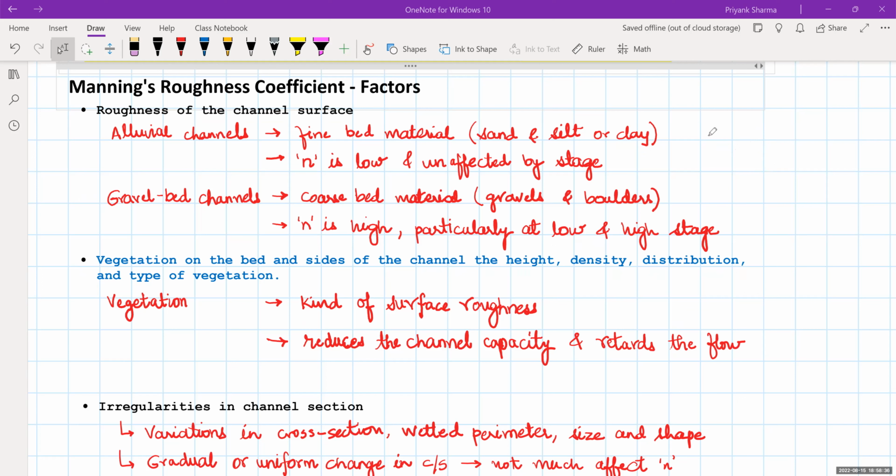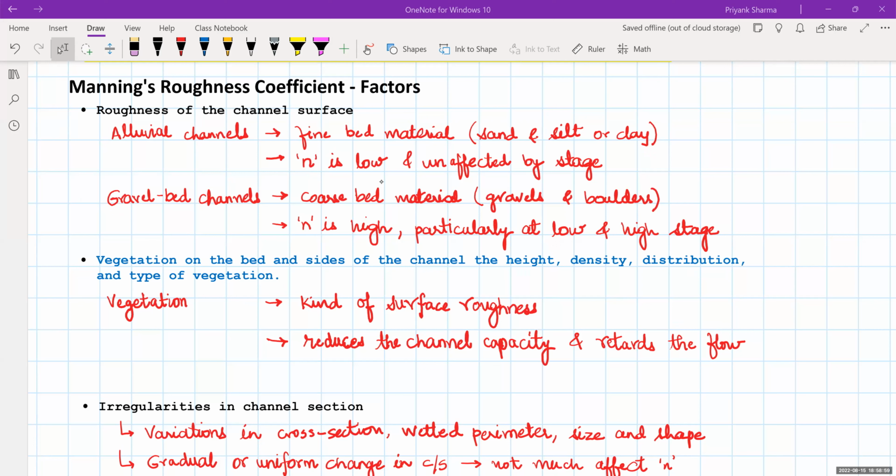In the first case, alluvial channels consisting of fine bed material, which could be sand, silt or clay, the value of n is low because there is less roughness involved, and it is unaffected by stage. Stage here refers to the depth of water in the channel.